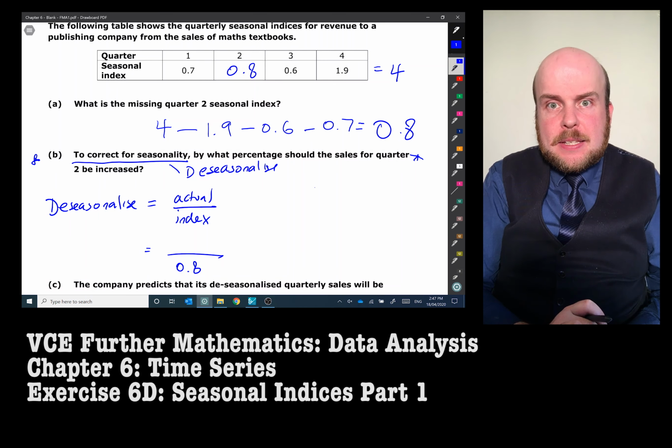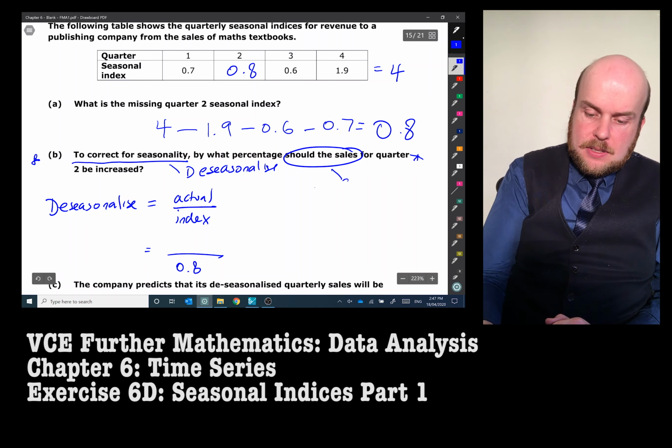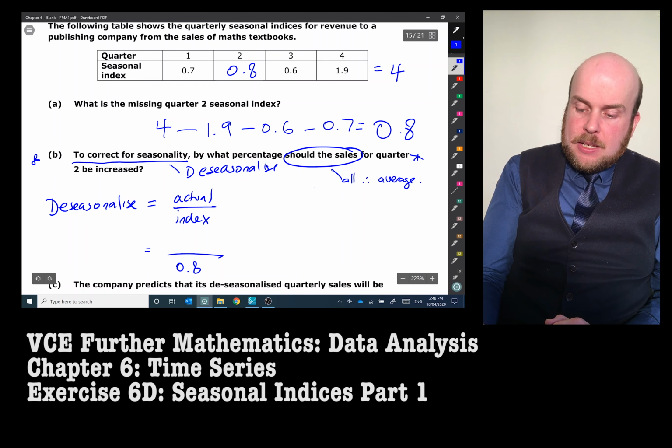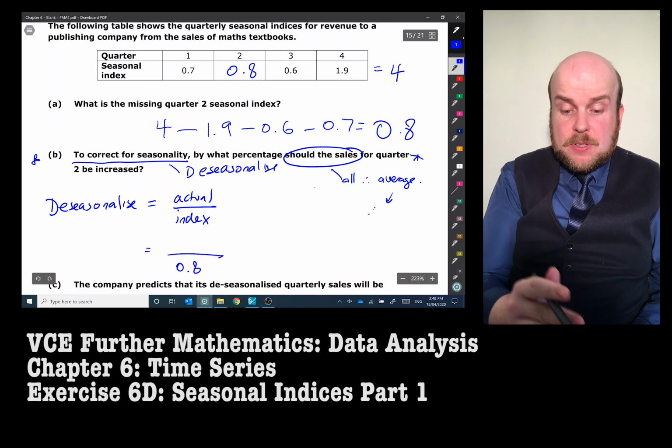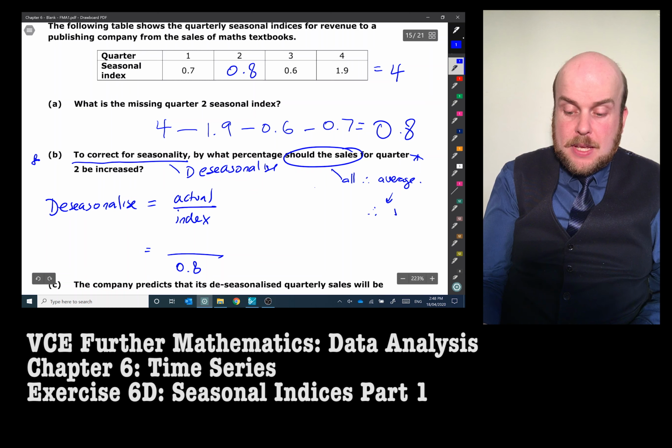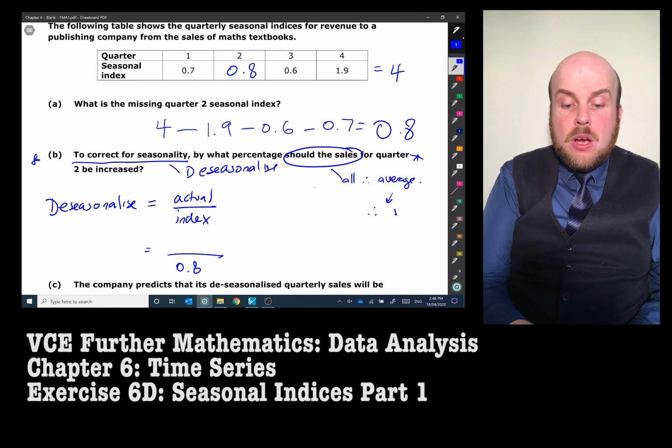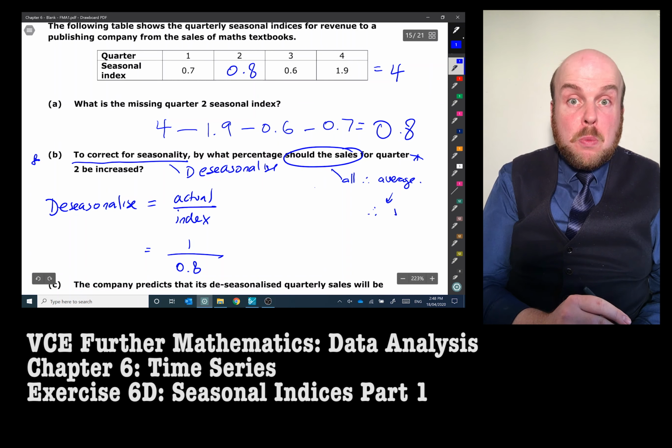When you're making the seasonal index, we need to look at the average. And the average for seasonal indices is always going to be equal to 1, because the average seasonal index for each one should be 1.